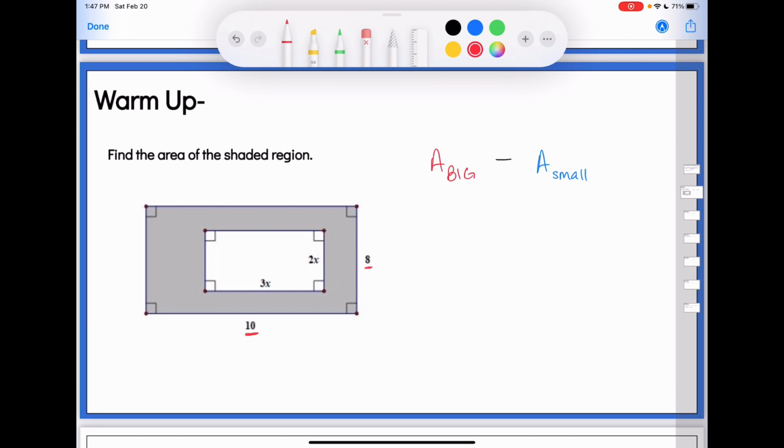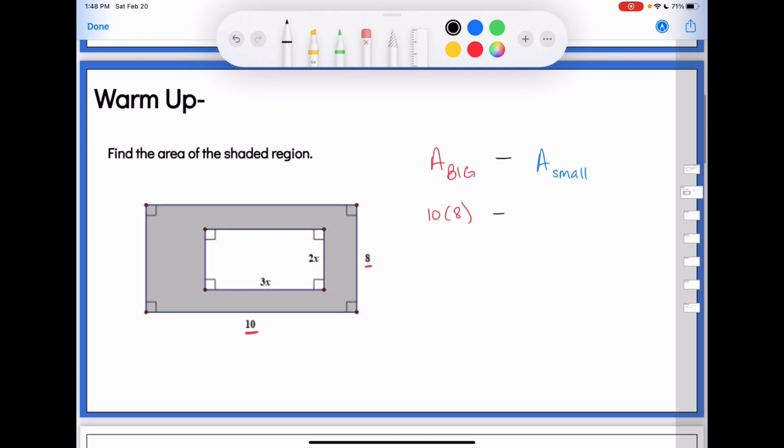I won't have to do any adding or anything like that. They just told us exactly what they were. So the area of the big rectangle would be 10 times 8. Then I want to subtract the area of the little rectangle. Well, the little rectangle has a length of 3x and a width of 2x.